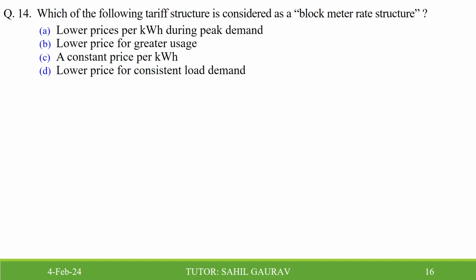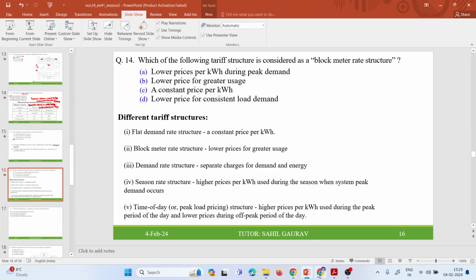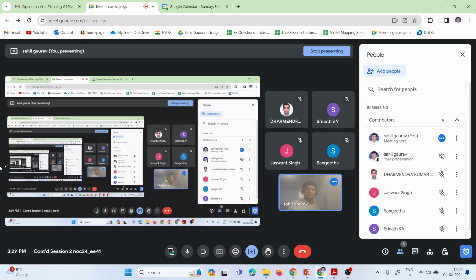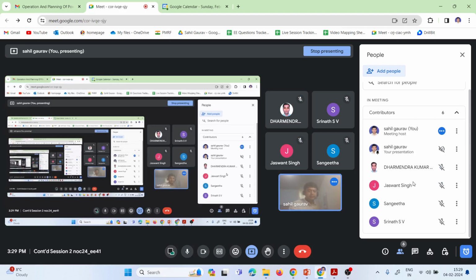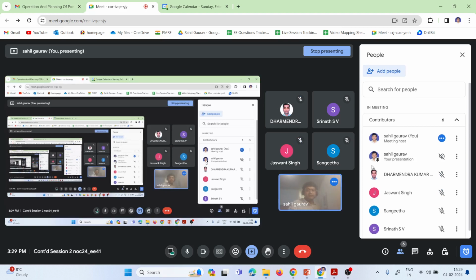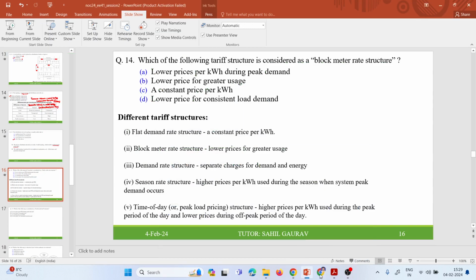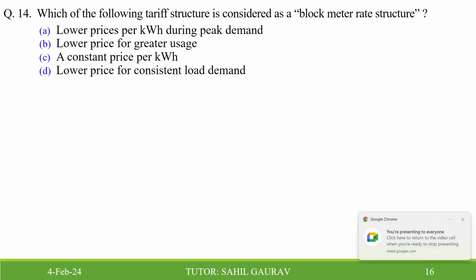If you know the answer of this problem, you can tell. Most of the attendees who were present in the last class are not present today.